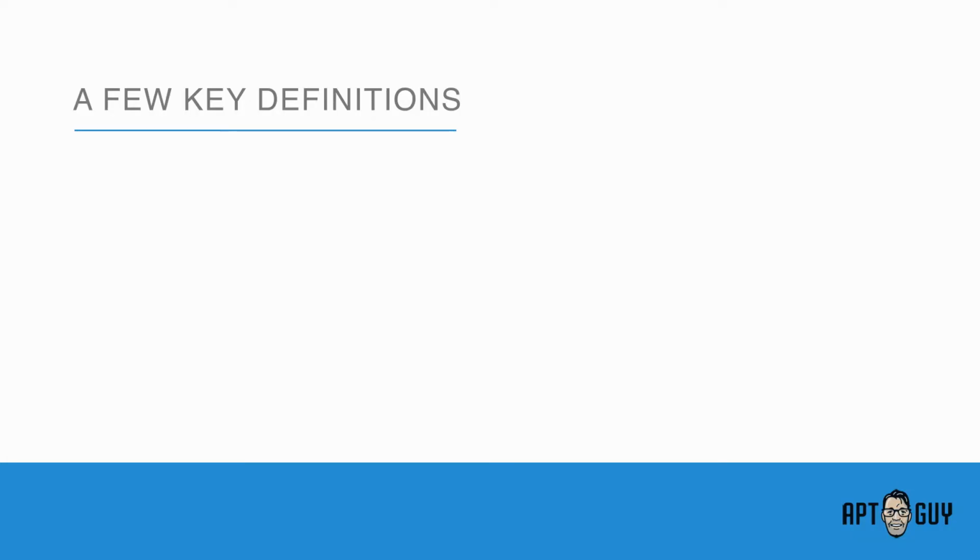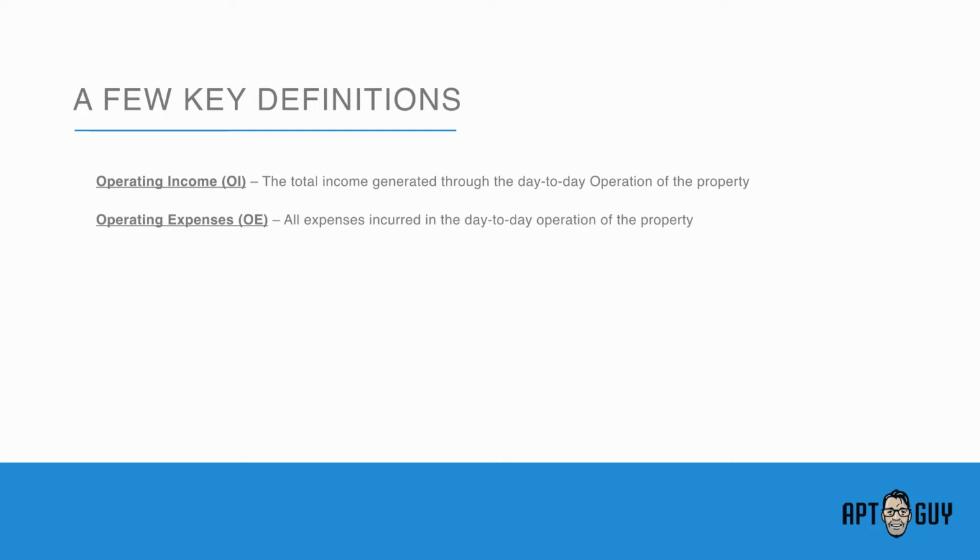So, a few key definitions we have to have in hand before we keep going. You're going to have to know your operating income, which is the total income generated through the day-to-day operation of the property. Operating expenses, basically the same thing: all expenses incurred in the day-to-day operation of the property.